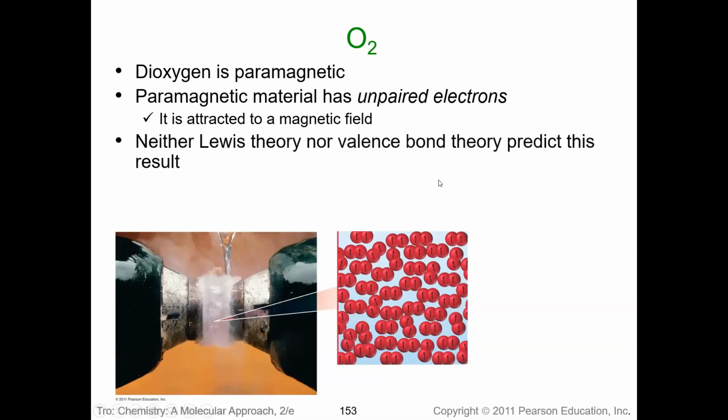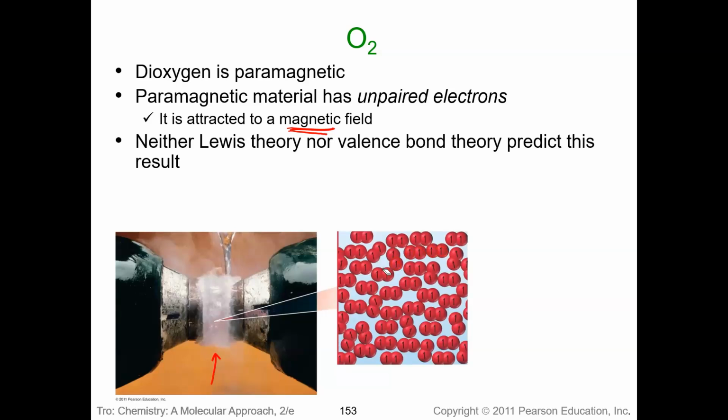But experimentally, here we're making oxygen, we have found that indeed oxygen is attracted to a magnetic field. So unpaired electrons are attracted to a magnetic field. And so meaning that it must have unpaired electrons.